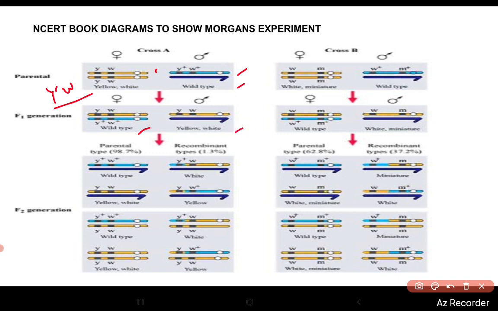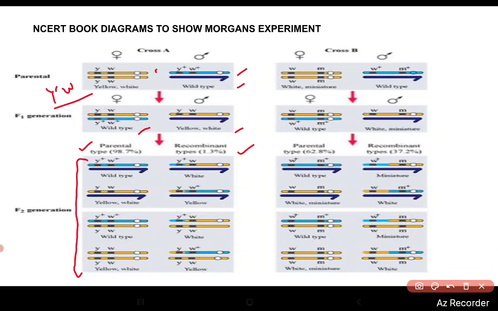Then the gametes produced in the F1 generation are selfed. Then in the F2 generation the combinations obtained are the parental combinations, that is 98.7%, and recombinants are 1.3%.